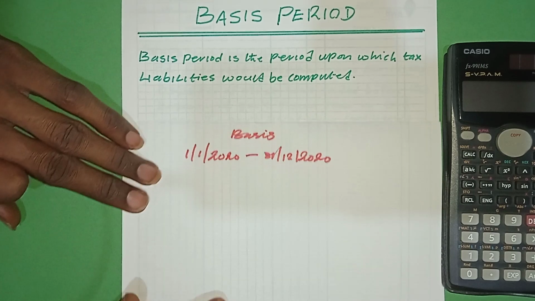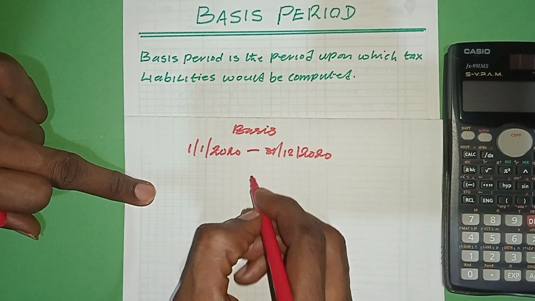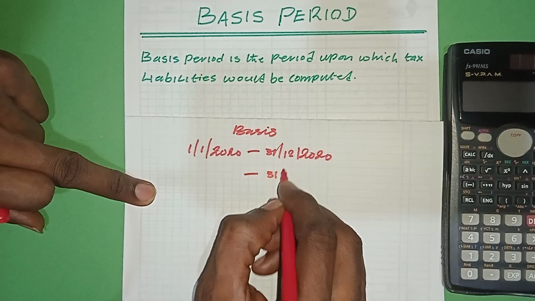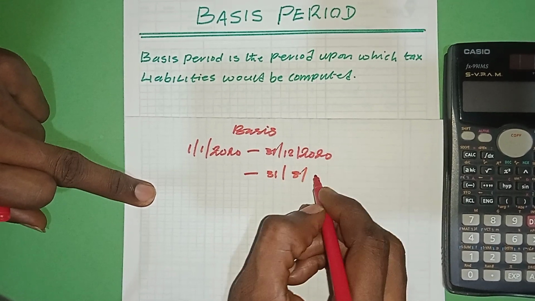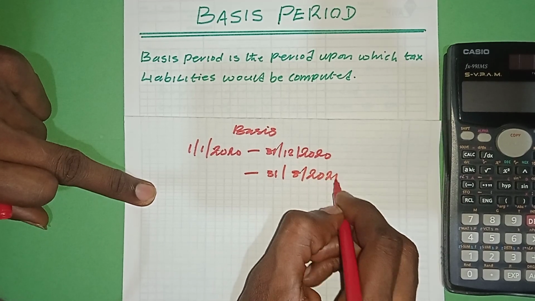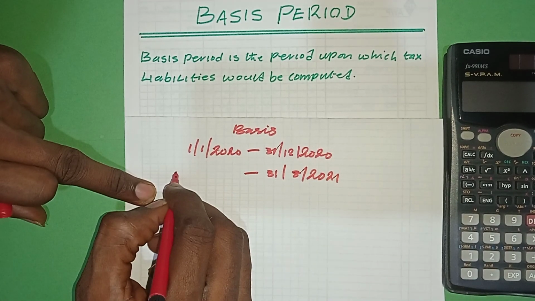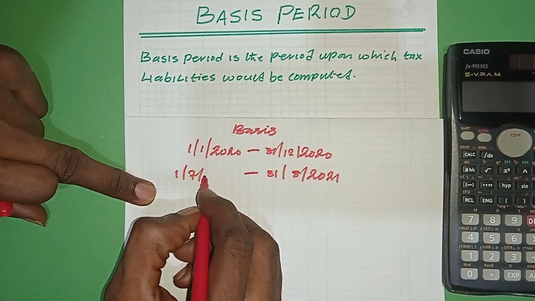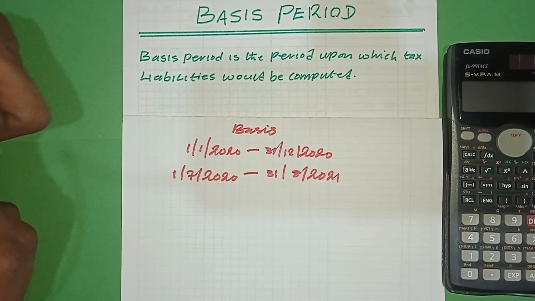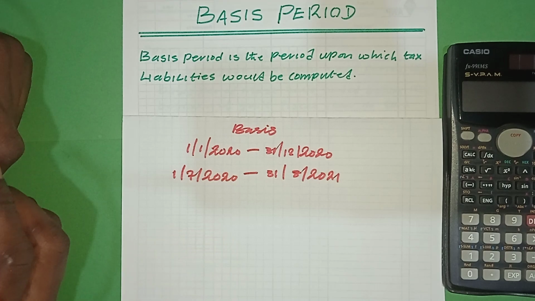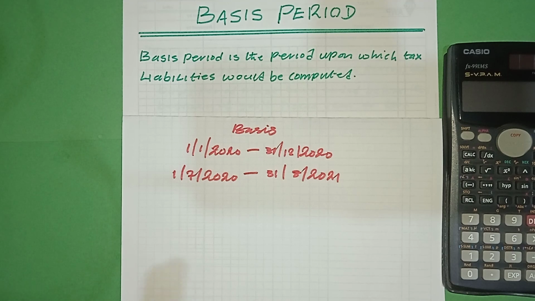Basis period can also come in this way: 31st August 2021 to 1st July 2020. It can also come in this way. Basis period fluctuates within the month and also the year.